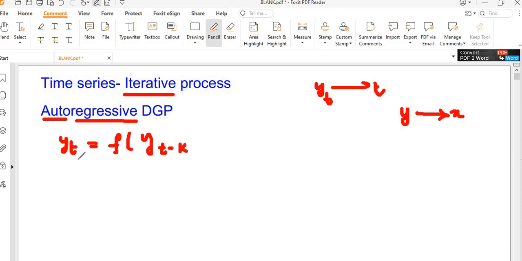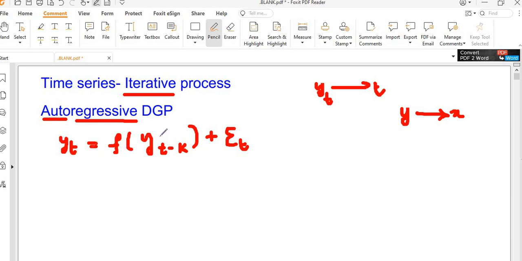Suppose if t is today, then the current value of yt depends on the past values of y, and there might be an error component associated with it. We denote the error component with et or epsilon t. That depends upon the curriculum that you're following, but most of the time it's epsilon t, and it's safe to take epsilon t as your error term.